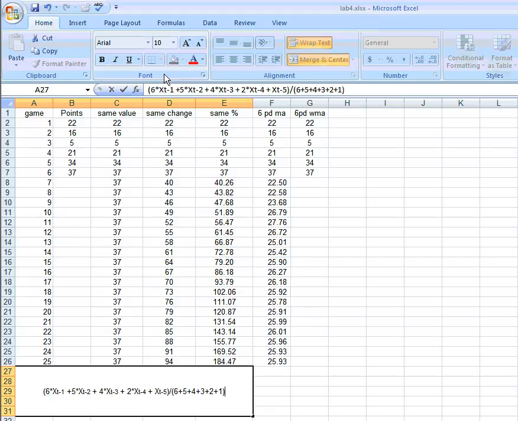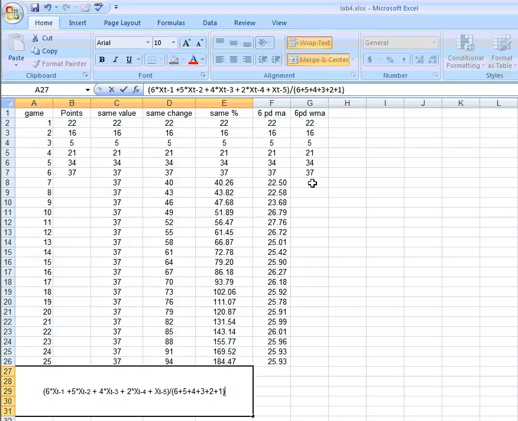Now, if we had a 7 period, we'd add another 1, and we'd have a 7 times t minus 1, 6 times there, etc. And that we divide by 7 plus 6, etc. Note that this will simplify. 6, 5, 4, 3, 2, 1 gives us 21.